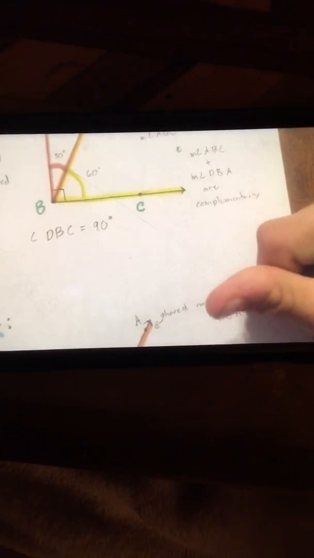So let's look, like we did last time, at each of the smaller angles. These are both measured, like I said before, because the degrees are given. So measured angle ABC equals 58 degrees.